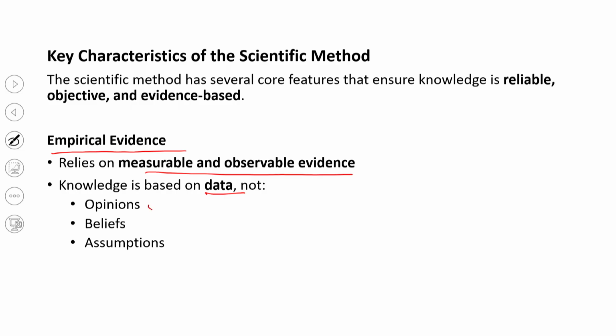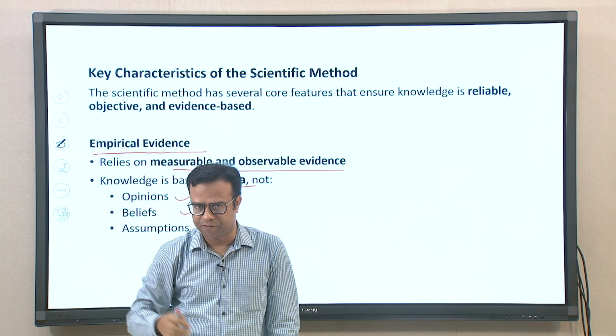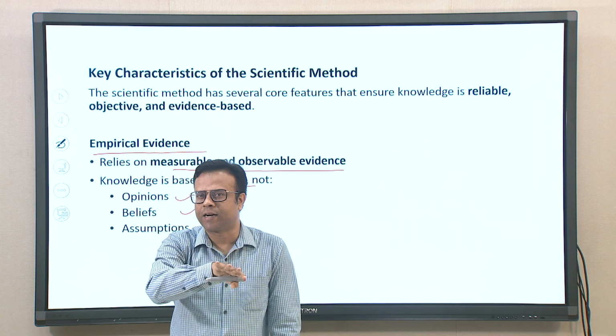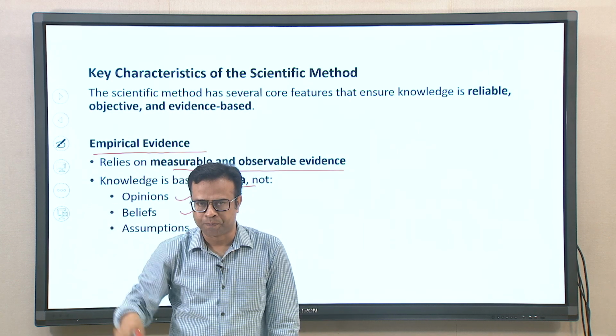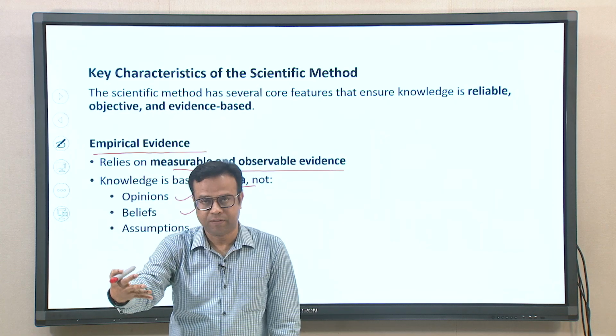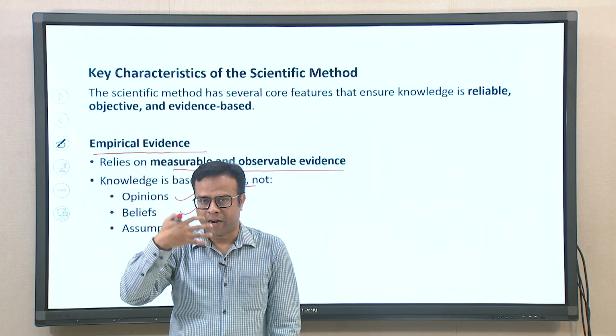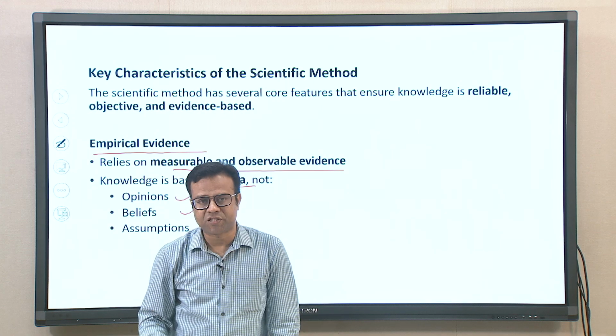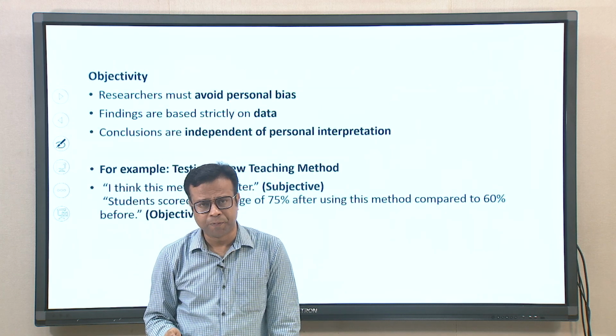It should not be based on just opinions, beliefs and assumptions, then it is not scientific. If you are just seeing something and making some conclusions, this is a layman perspective. A scientist never makes conclusions like this; he will elaborately collect data and analyze and then make conclusions. So, whatever data is there has to be measurable, and it should be systematically observed. So, the first is that empirical evidence has to be there.